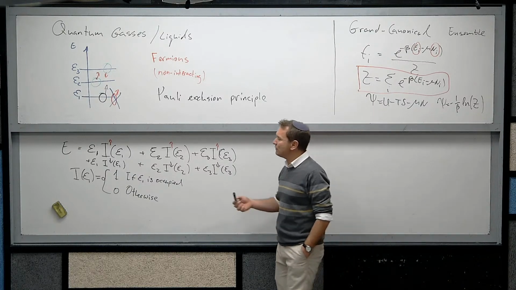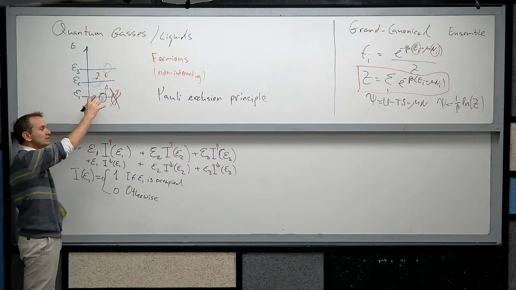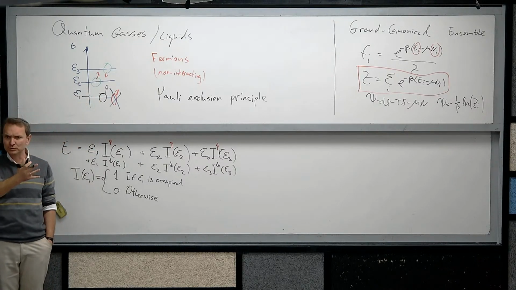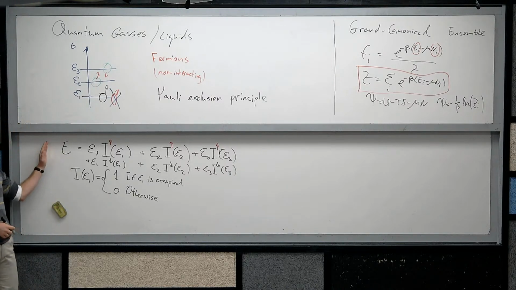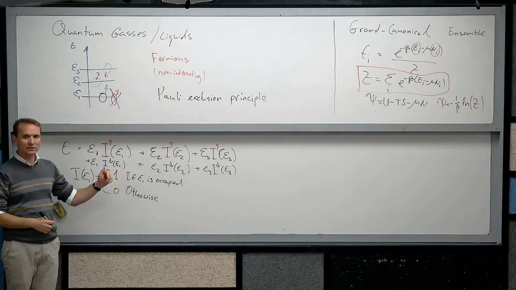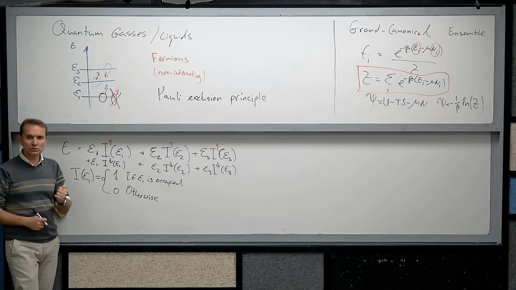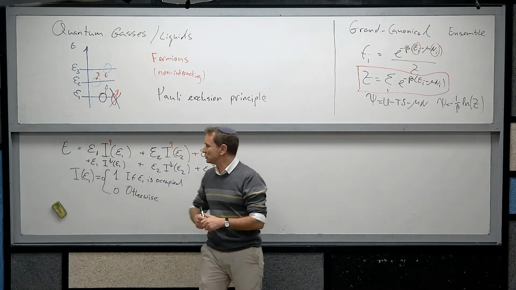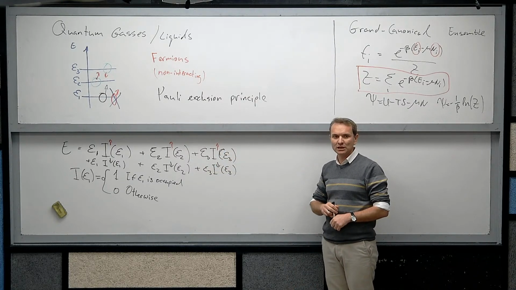So if the state is occupied, of course the particle cannot penetrate the state, and maybe it will go to some other places, but we don't care about that, because we managed to write the energy as a sum of the different energies of the different states, and all those states are independent of each other. The state is either occupied or not occupied. If it's not occupied, it's not going to affect the possibility of the other states at all.